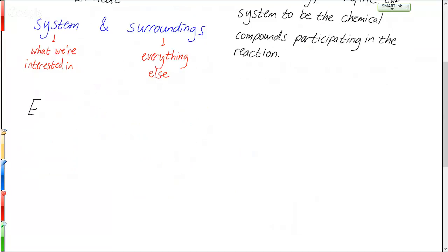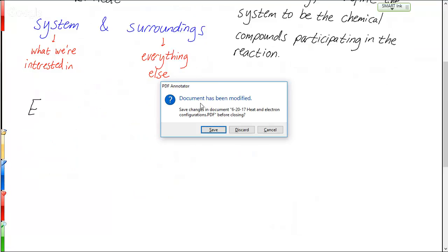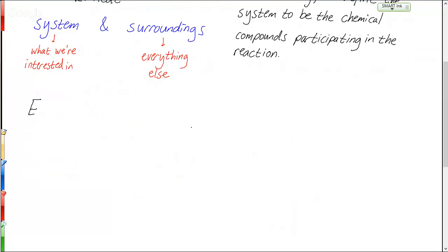We're going to define this term enthalpy. Have you heard this term before? Maybe. Its symbol is H, and we don't have to go through the whole derivation, but basically it's the heat transferred in a chemical reaction.